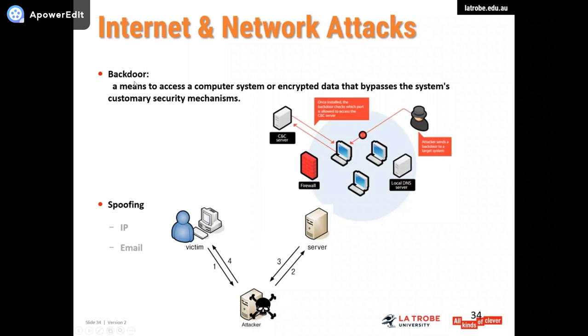The attacker will send a backdoor program to a target system by either a rootkit or a Trojan horse. Once the backdoor is installed in the computer, the backdoor will check which port is allowed to access, and then it can access some servers and steal some information. So that's one type of backdoor.